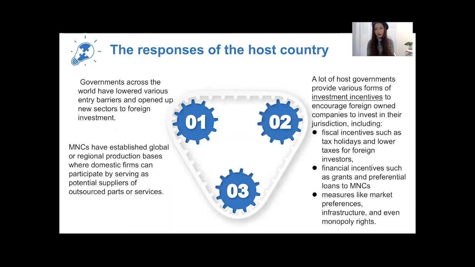They may provide various forms of investment incentives, fiscal incentives such as tax holidays and lower taxes for foreign investors, financial incentives such as grants and preferential loans to multinational corporations, and measures like market preferences, infrastructure, and even monopoly rights. Last, multinational corporations have established global or regional production bases.